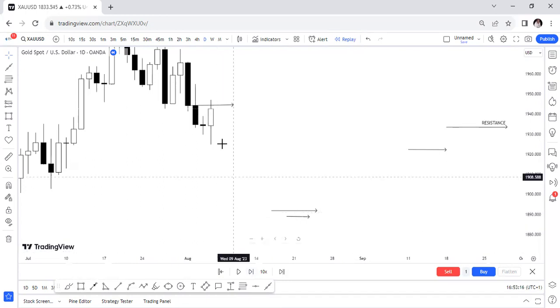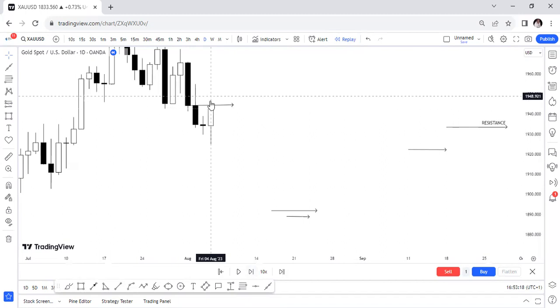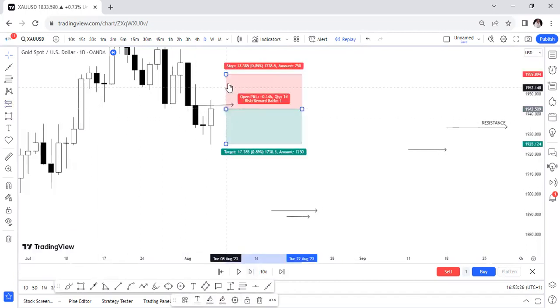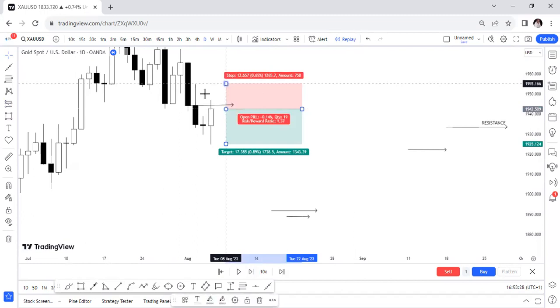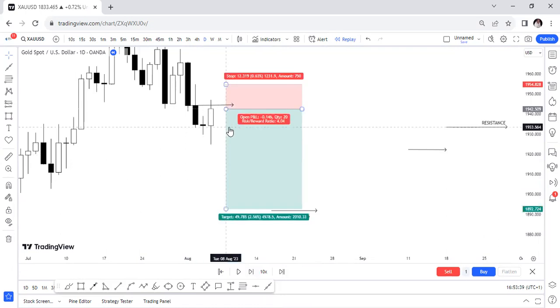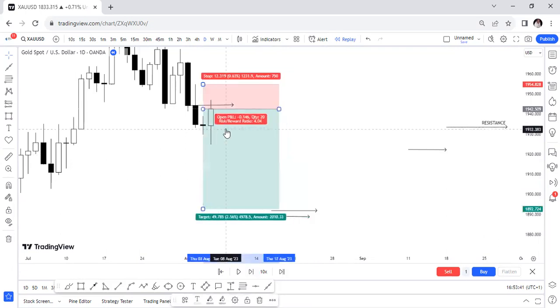That's all. It ended up becoming a rejection. See the wick. So you set up another trade. Because you're already selling from this breakout, you added another sell into that place.